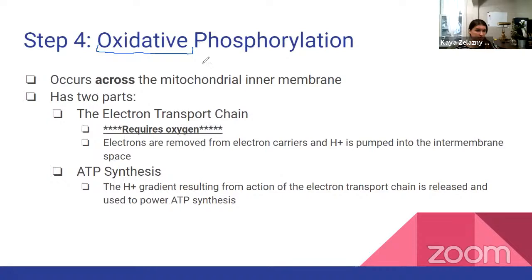Now we're really going to be using them, so that we're going to be oxidizing them back to their original form, that NAD+. So our two parts here, which we can think of either as their own steps or like part 4A and part 4B, are the electron transport chain and ATP synthesis. It's the electron transport chain that requires oxygen.